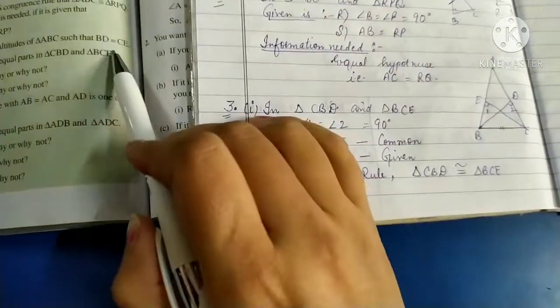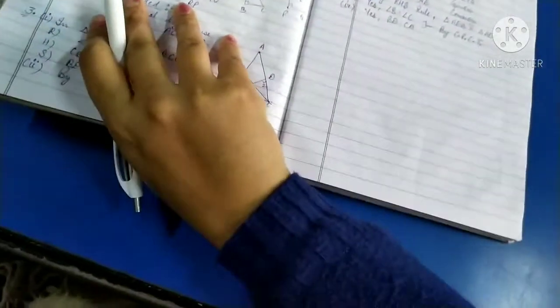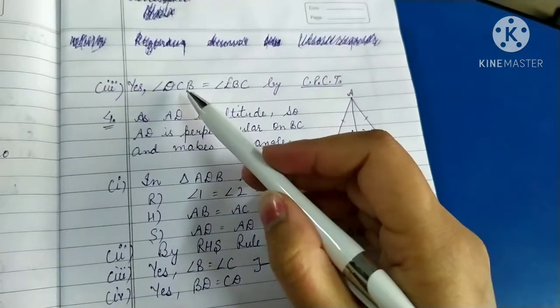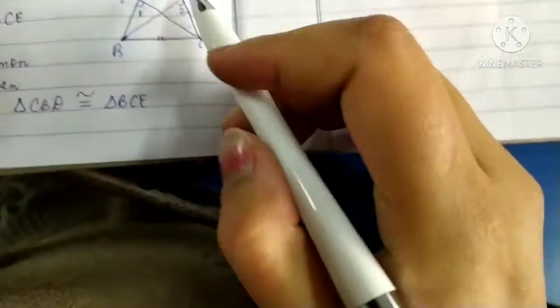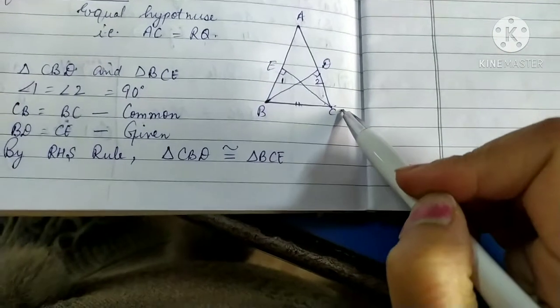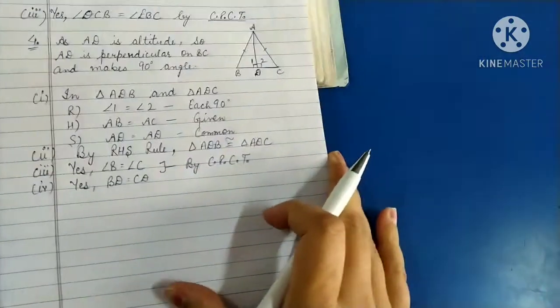It was already given to us in the statement. So by RHS rule, triangles are congruent, and after proving triangles congruent, we can take their corresponding angles and sides equal. They have asked you whether angle DCB is equal to EBC. So it means yes, because these are the corresponding parts now.